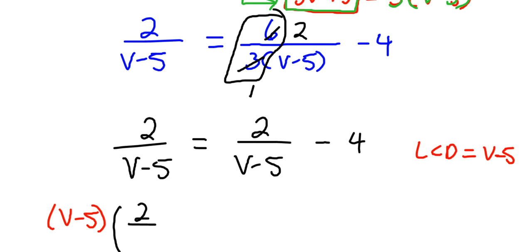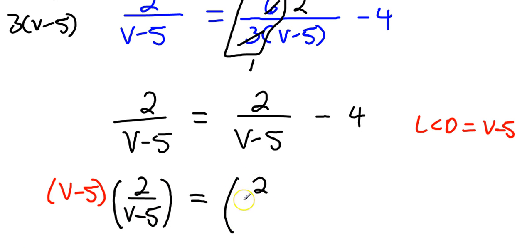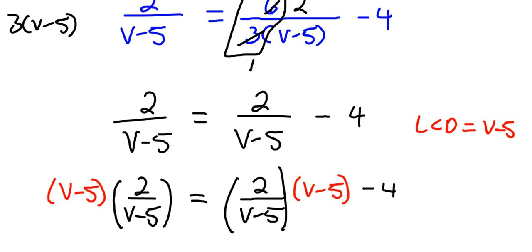Okay, we're holding right there. Alright, so we got v minus 5 equals 2 over v minus 5 times v minus 5 minus 4 times v minus 5.